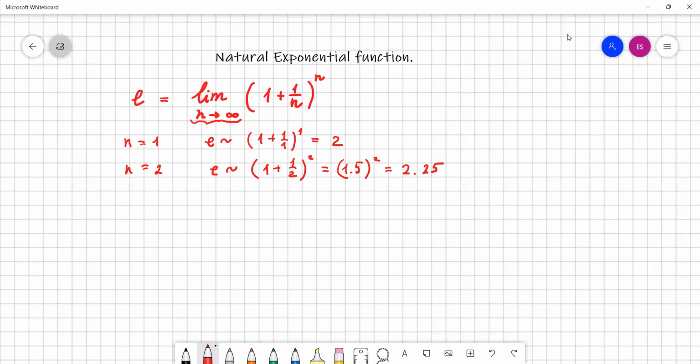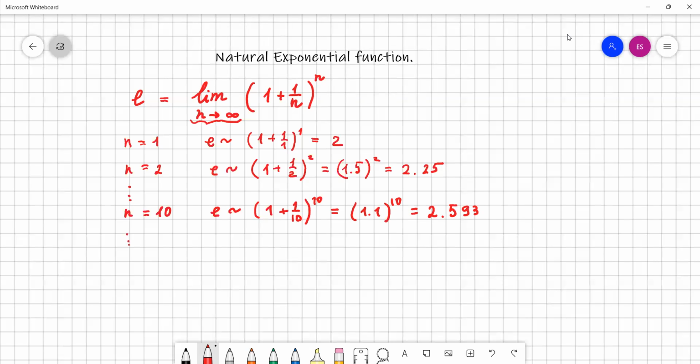Now I'm going to skip some n's and consider n equals 10. e will be approximately equal, 10 is closer to infinity than 1, right, to 1 plus 1 over 10, to the power of 10, which is 1.1 to the power of 10, or approximately 2.593. You see that the number is getting bigger.